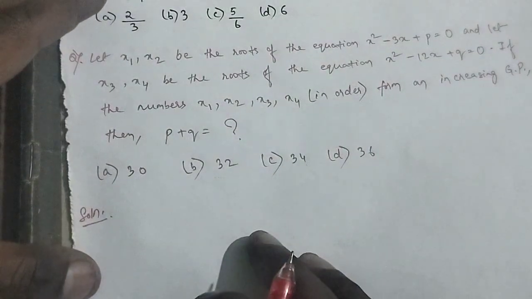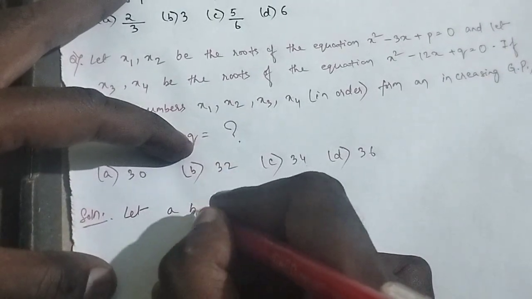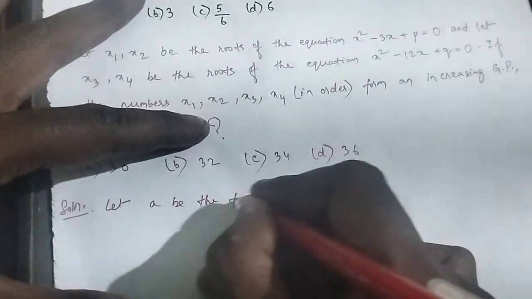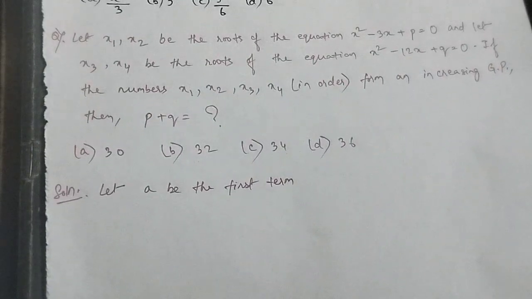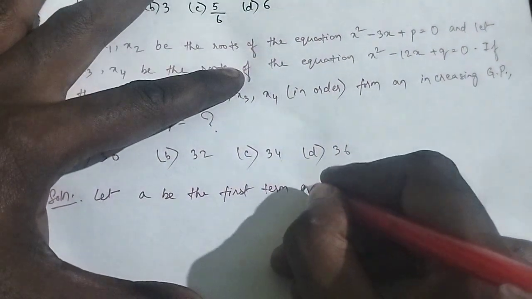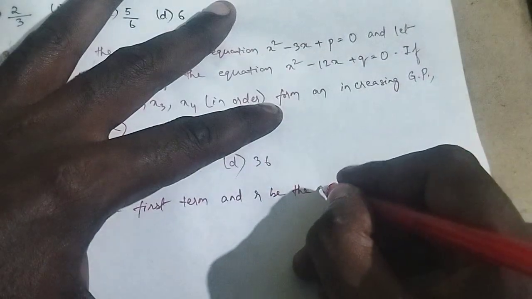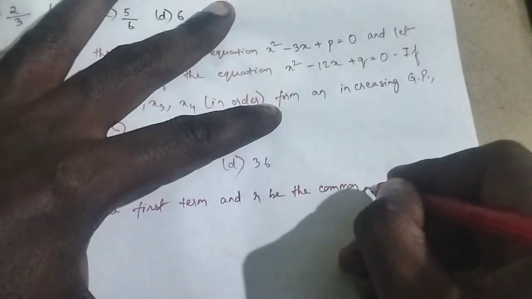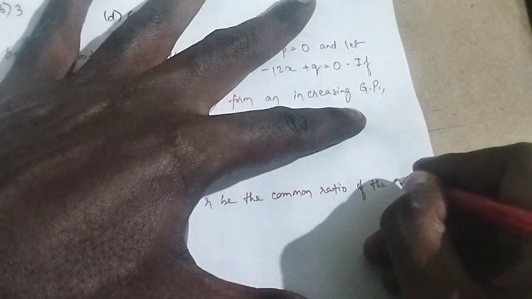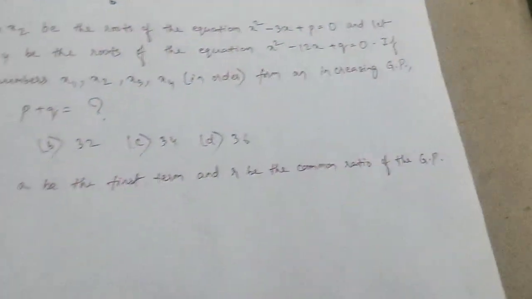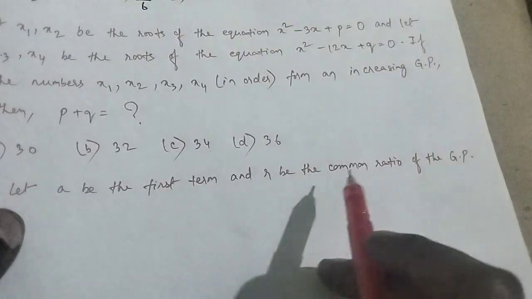Okay. Let A be the first term and R be the common ratio of the GP.